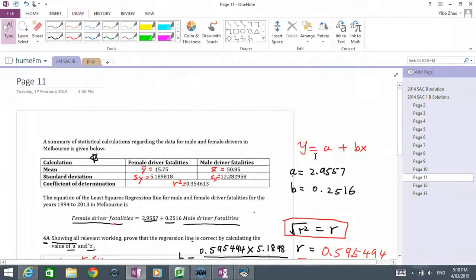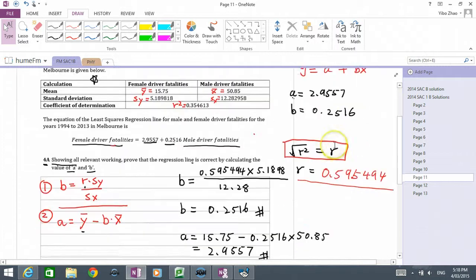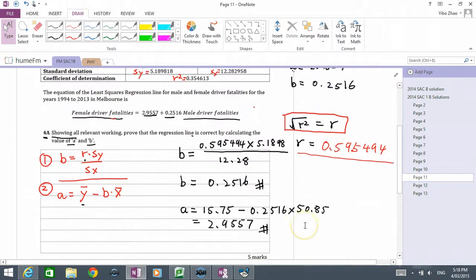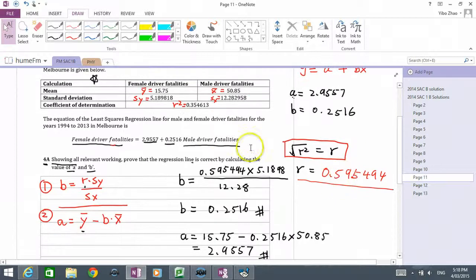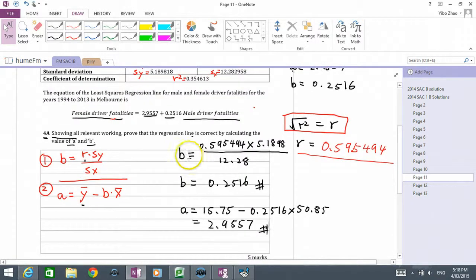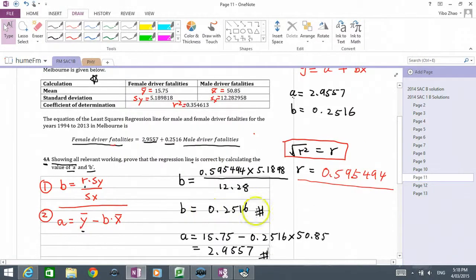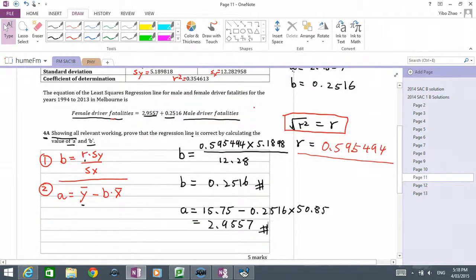So that's basically 4A, a 5-mark question. The way it works is if you find the R value, you get 1 mark. If you write down the formula, you get some marks. Then if you're able to substitute the right numbers into the formula and show the answer, you get the final marks.